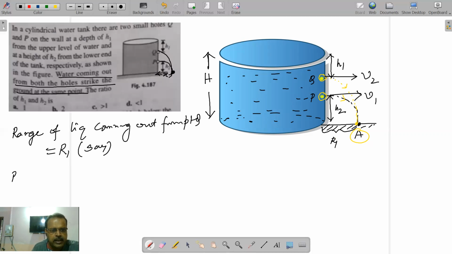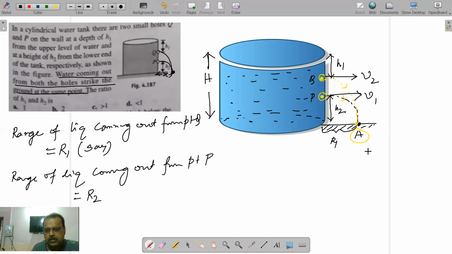And similarly, the range of liquid coming out from the point P, suppose this is R2. So as per the given condition, R1 is equal to R2 is equal to R. So the range is basically the same.